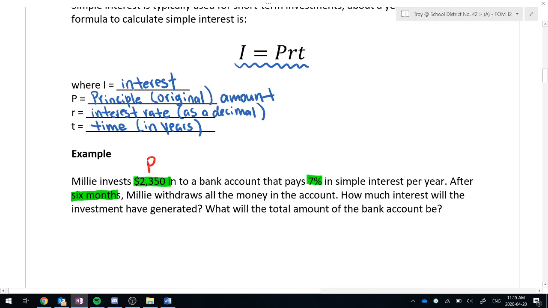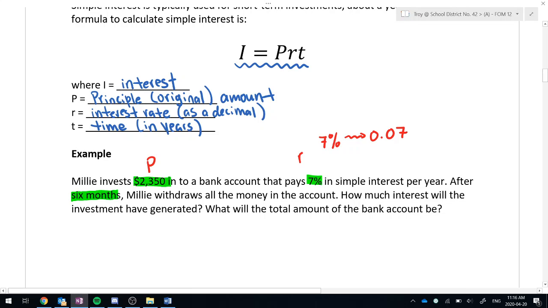Okay. 7% interest, that's our interest rate, but that's given as a percentage. We need to convert it to a decimal. So 7% as a decimal, of course, you move the decimal place 2 to the left, 0.07.